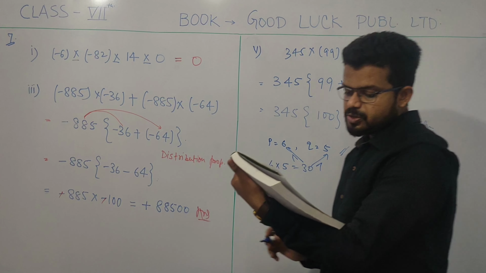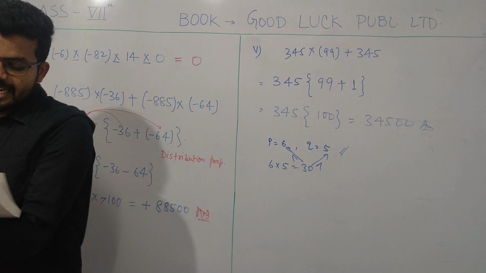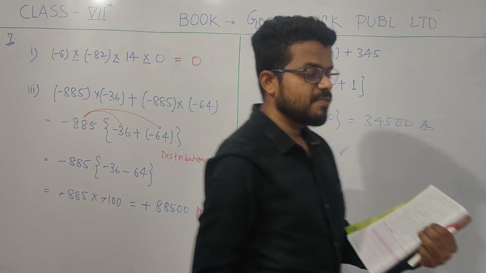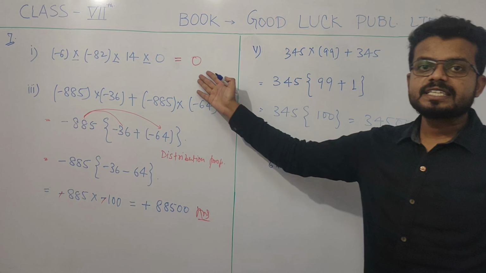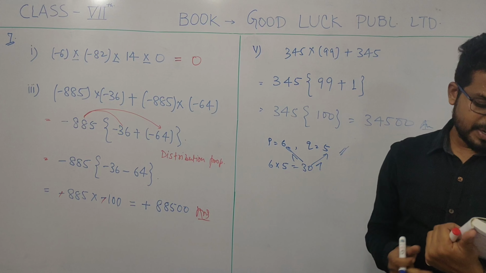So the statement is true. The sixth one is, any integer multiplied by 0 always gives 0. When something is multiplied by nothing, we always get nothing. So the last one is also correct.